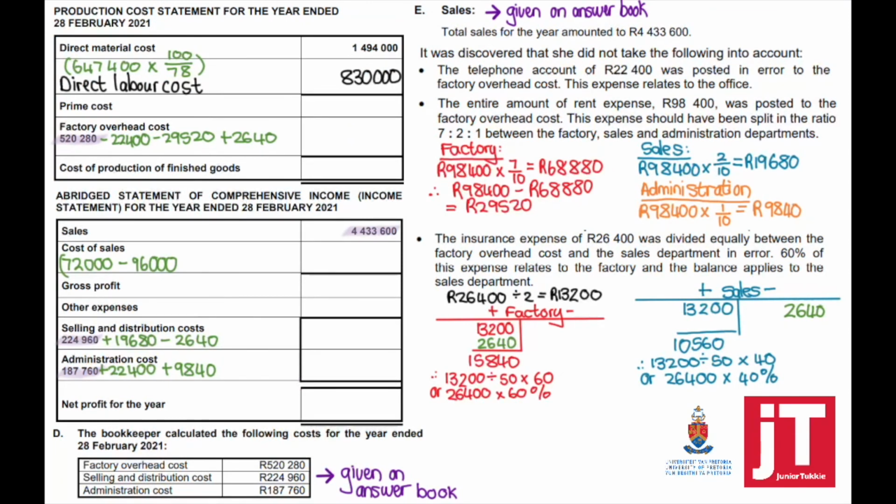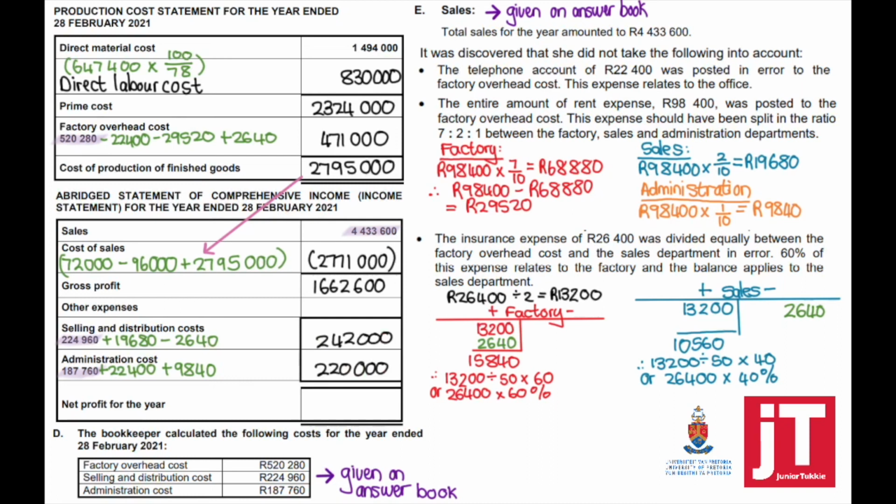On our production cost statement, direct material cost plus direct labor cost equals prime cost, plus factory overhead cost equals the cost of production of finished goods. That amount must be taken to the cost of sales in the statement of comprehensive income so that we can calculate our cost of sales. To calculate the gross profit, we need to take sales minus cost of sales.